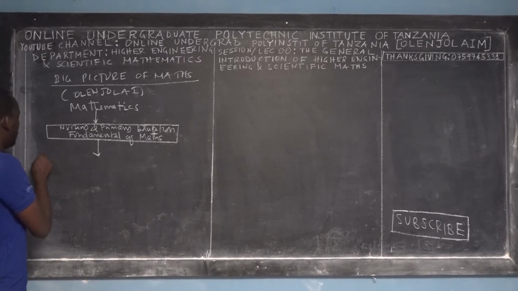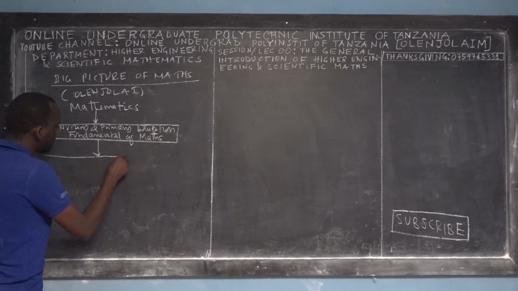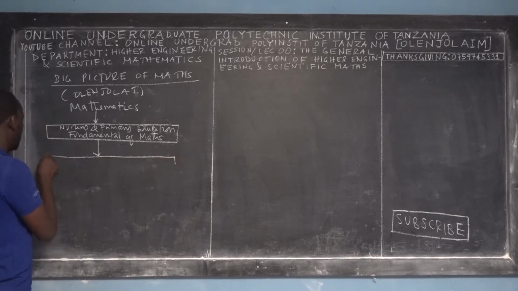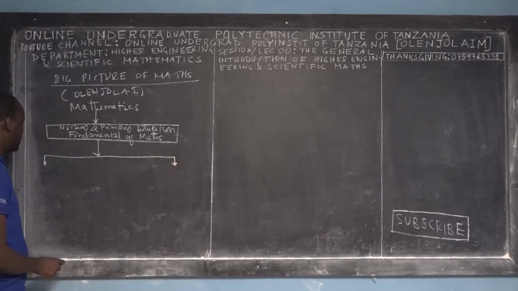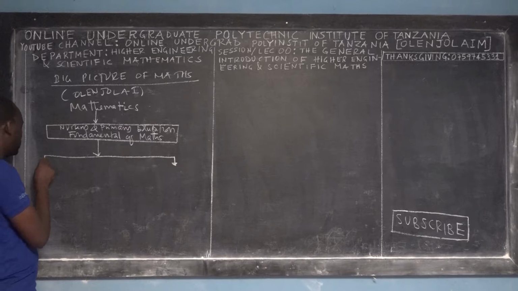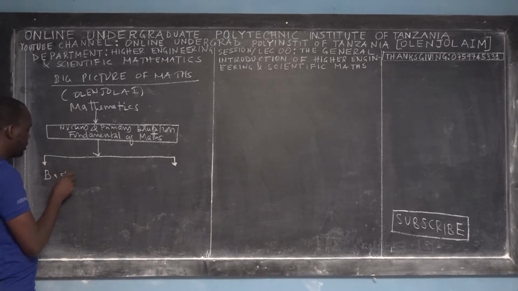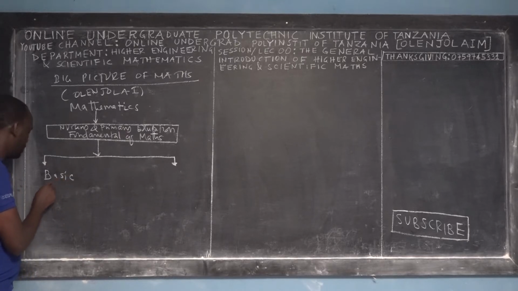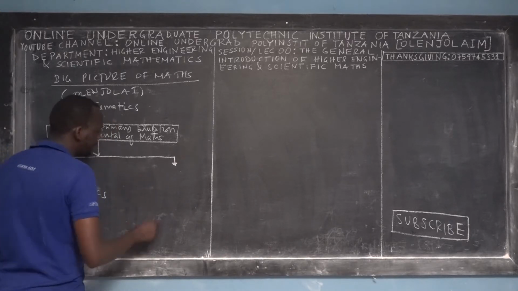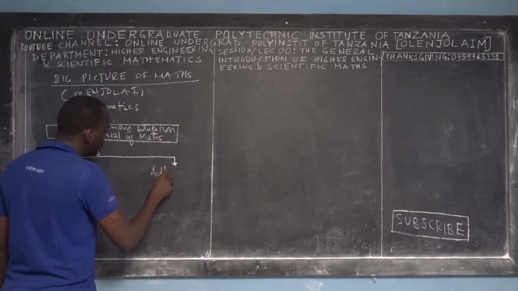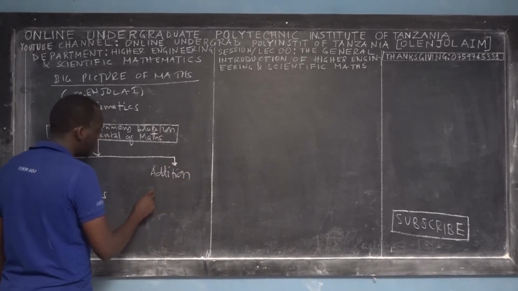Afterward, once we graduated from primary education, we passed the next exams. Then we met with two types of mathematics at O level. The first subject is called basic mathematics, while the second one is called additional mathematics.